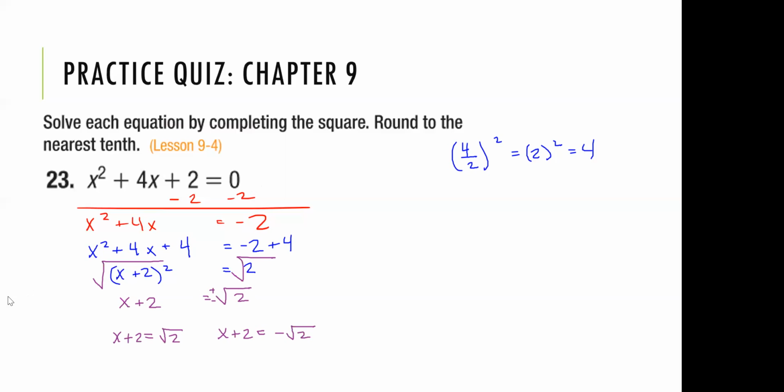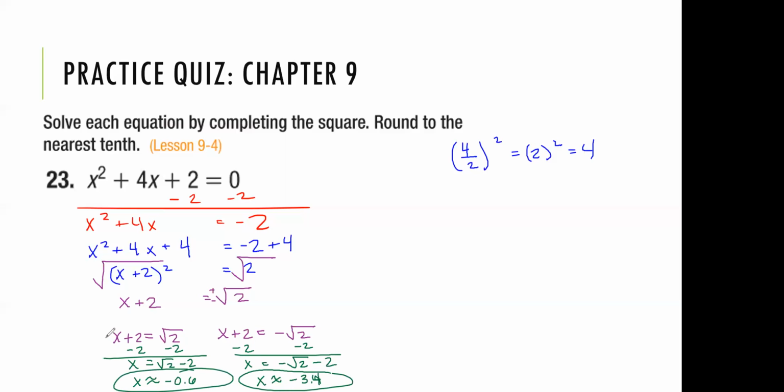I need to solve both of those equations. Here I would subtract 2 from both sides. So x is equal to the square root of 2 minus 2, which, when I round it off, is about 6/10. And here I would subtract 2 from both sides and get x is equal to negative square root of 2 minus 2. Put that in the calculator, and x is approximately equal to negative 3 4/10.